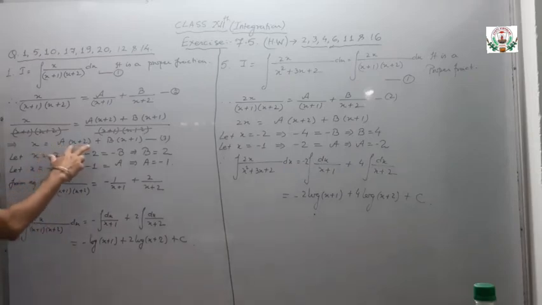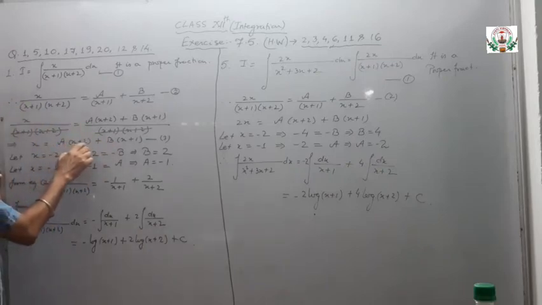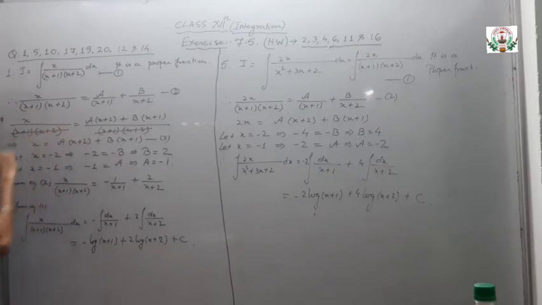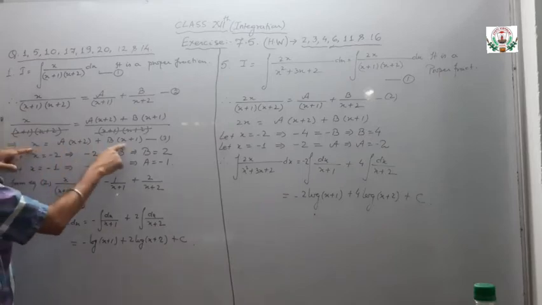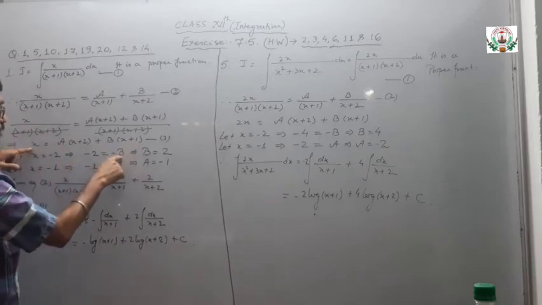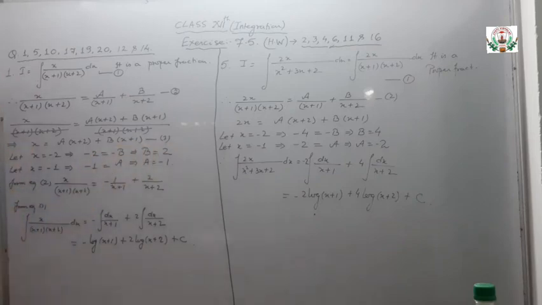Now as here we have linear factors and two arbitrary constants, directly by the shortcut method we can get the values of a and b. If we put x equals minus 2, a will be eliminated. So putting x equals minus 2, we get minus 2 equals minus b, so b equals 2.